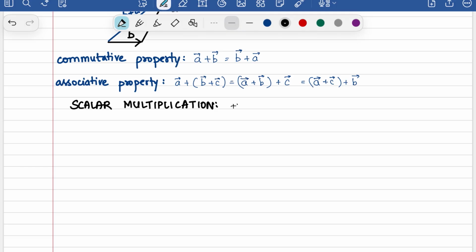So if it is a positive scalar, something like 5 or 10 or root 2 or something, it changes the magnitude of the vector only. If it were a negative scalar, it changes magnitude and reverses the direction.